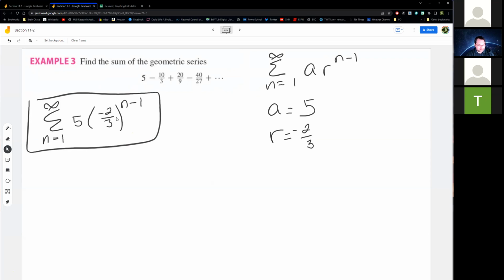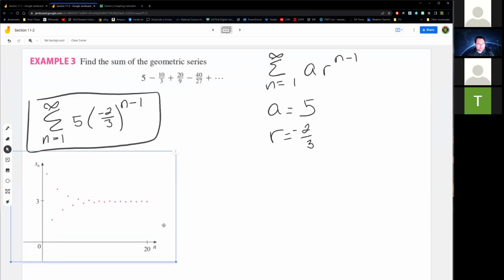Now, if we look at the graph for that, if I graph those points, what do you notice is happening with those dots? It looks like it's converging. Yeah, it's converging. The question is what is it converging to? That's where that equation that we had, a over 1 minus r, gives me that convergence point.